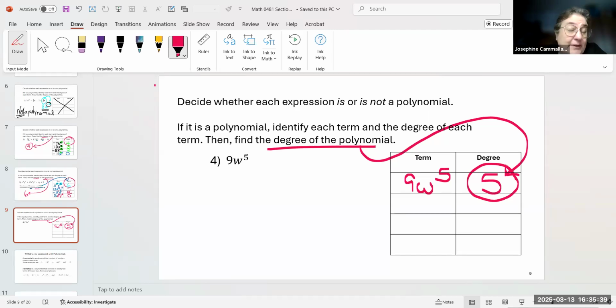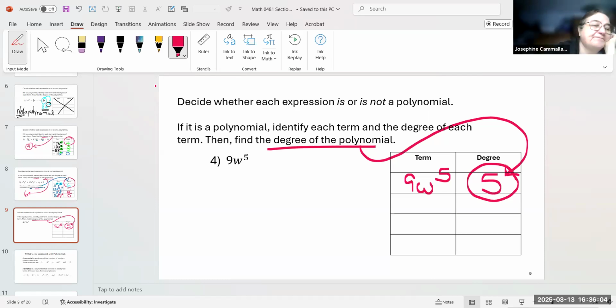When I have one term, it's really easy. But when I have a whole lot of terms, gotta look for the highest power. When I have 2 letters, I have to look for the sum that comes from the 2 variables. What is my greatest sum?